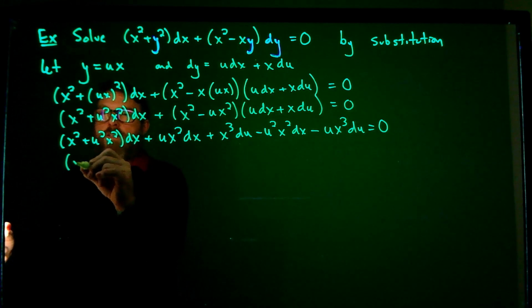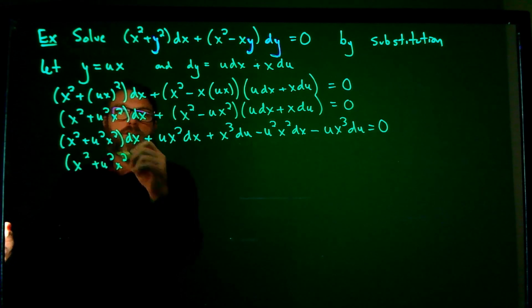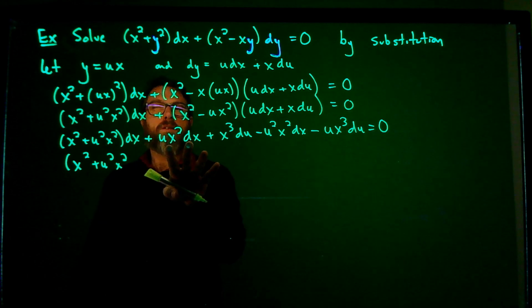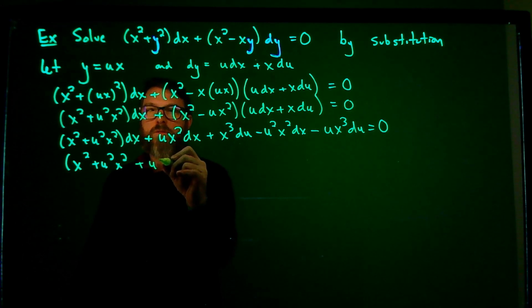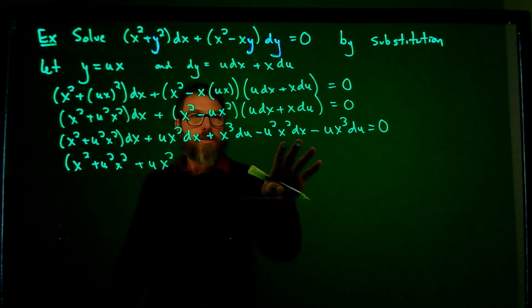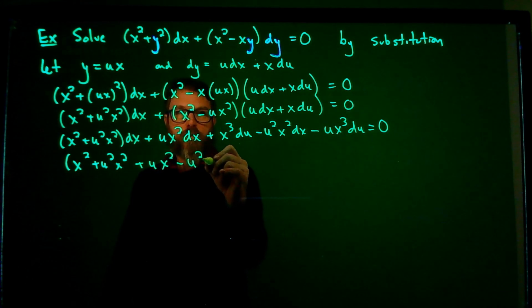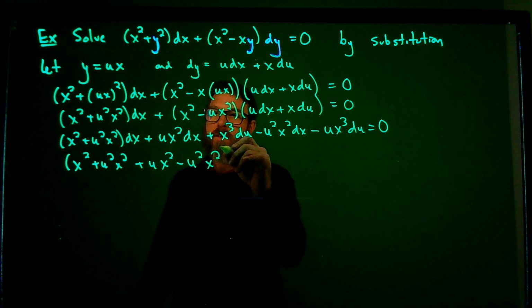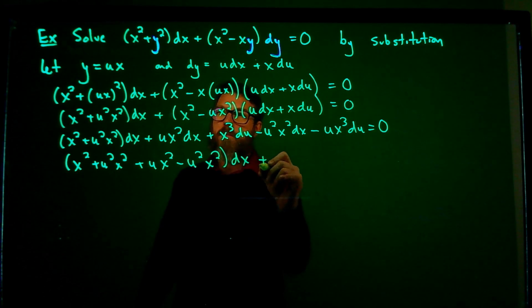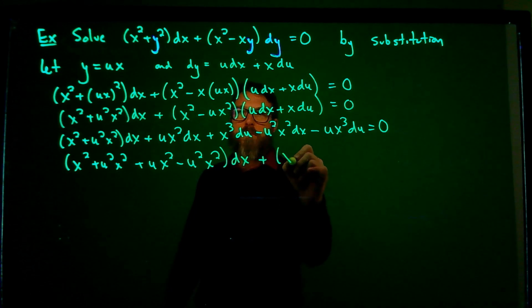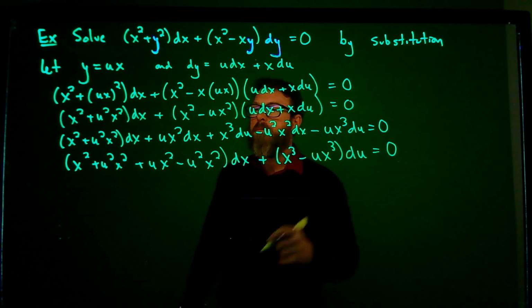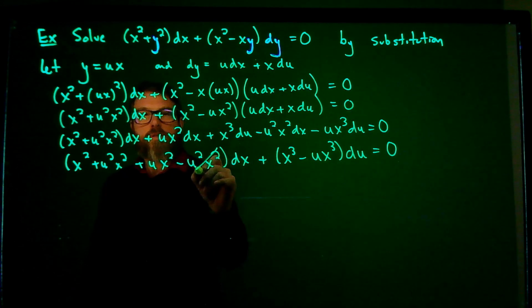So combine all the dx's: x squared plus u squared x squared, I also have this dx, which is going to be plus ux squared, also this minus u squared x squared, dx, plus all your du's. This is going to be x cubed minus ux cubed du is equal to 0. And does anything nice happen? It sure does. So those will go away.